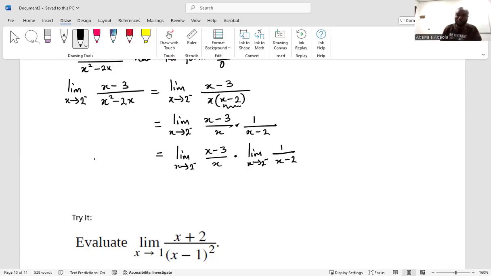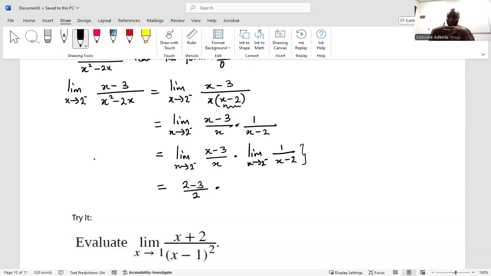That is the product law for limits. Here, if I plug in 2, I will have 2 minus 3 over 2. Here, what is the limit? If I plug in 2, I'm going to have 1 over 0. That is what is causing the problem.